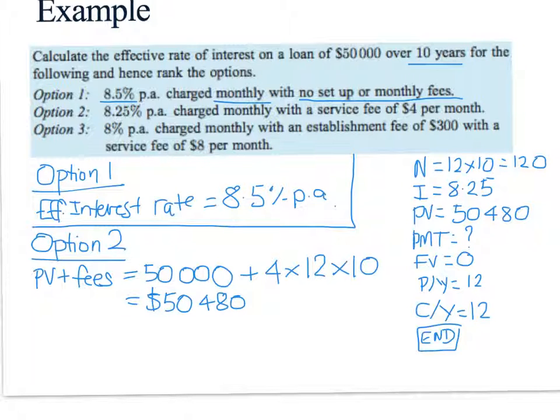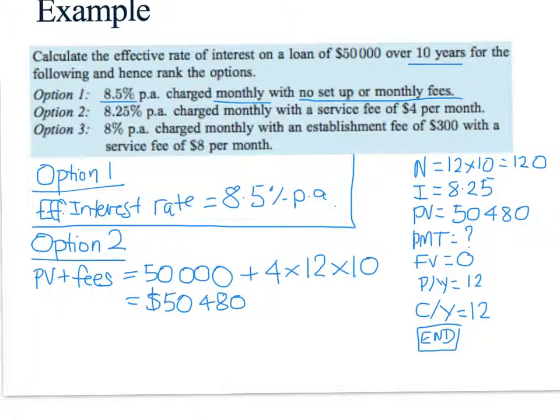which we're also awesome at using our TVM solver these days. And it's set up on end, so that's good. So 120, 8.25, 50,480, 0, 12, and 12.